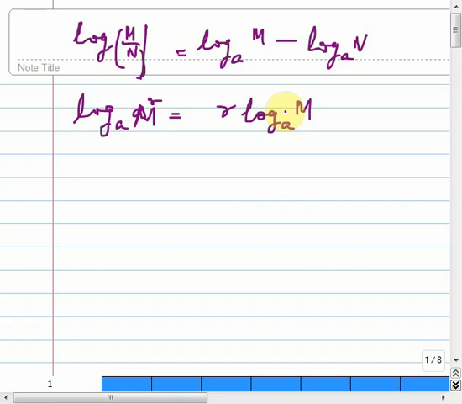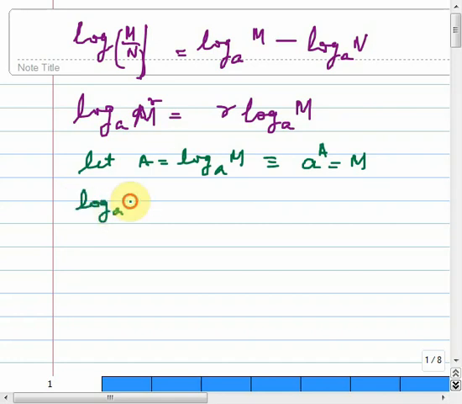Again, for proving this property, we take, let a is equal to log a m. The equivalent of this will be a to the power a is equal to m. Now we already know the left hand side becomes log a m to the power r.